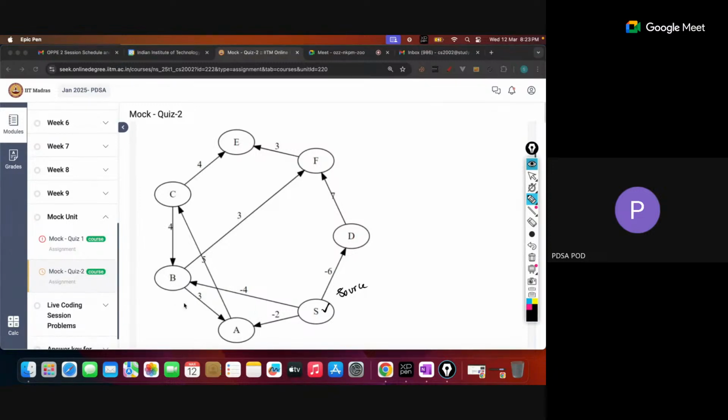Now what happened? Dijkstra's algorithm works at this time. The general statement is that Dijkstra's algorithm is not suitable for graphs with negative weights, but sometimes it is suitable because it doesn't know. If you run it, the first time itself you will get the values, and the second time you will get the same values.